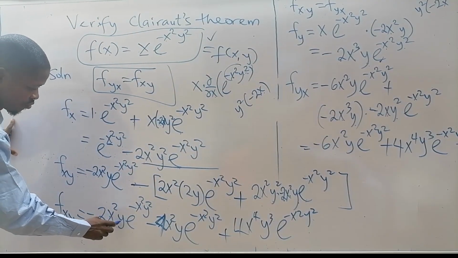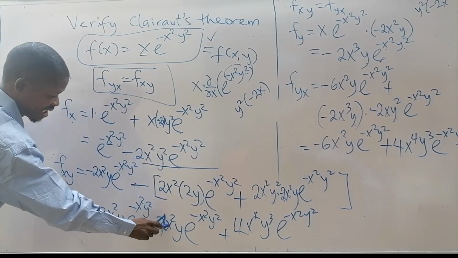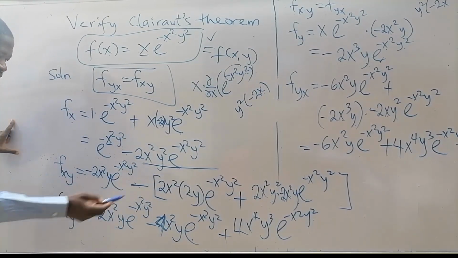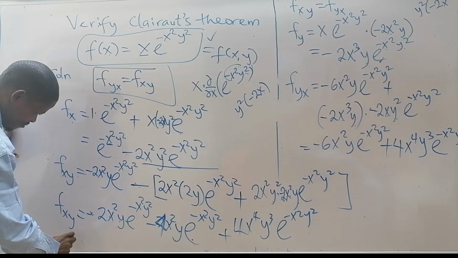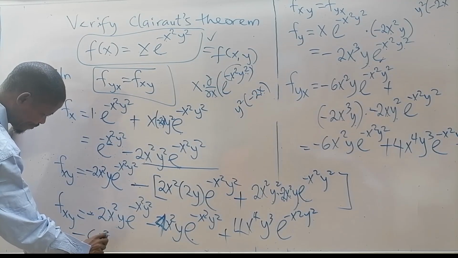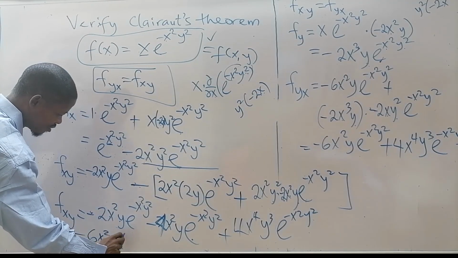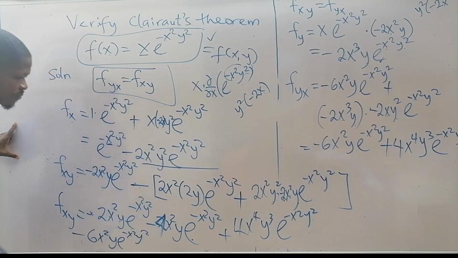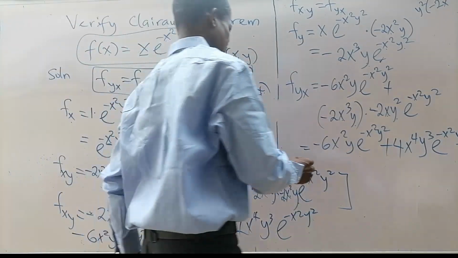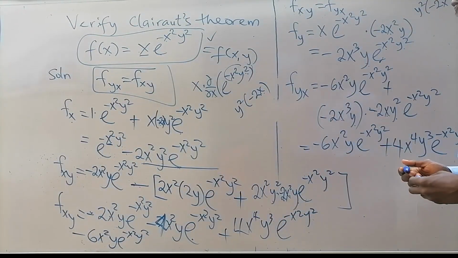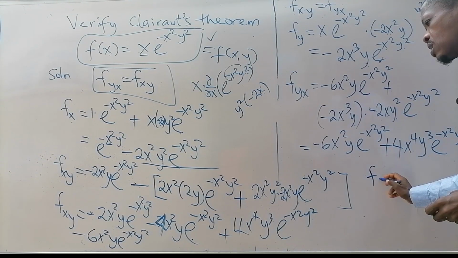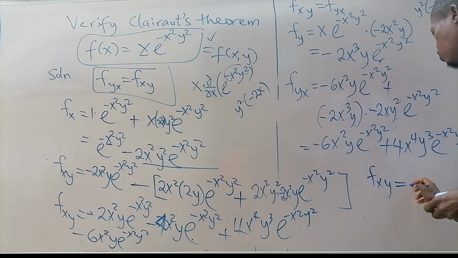This is x squared y exponential, x squared y exponential. So it's addable. This minus this, that's minus 6x squared y e to the power minus x squared y squared. Okay, so you can see that this confirms Clairaut's theorem, that f_xy is equal to what?